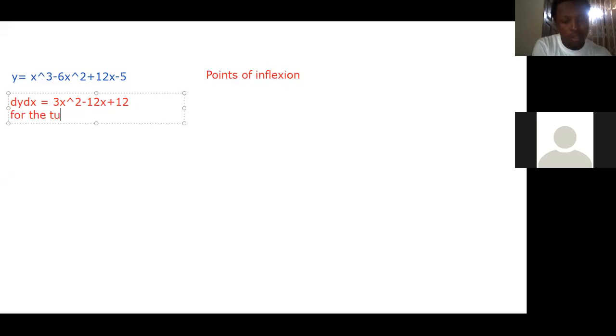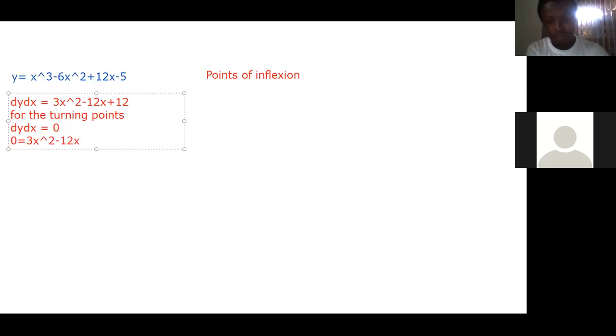For the turning points, dy/dx is equal to 0. So 0 is equal to 3x squared minus 12x plus 12. What are we getting?